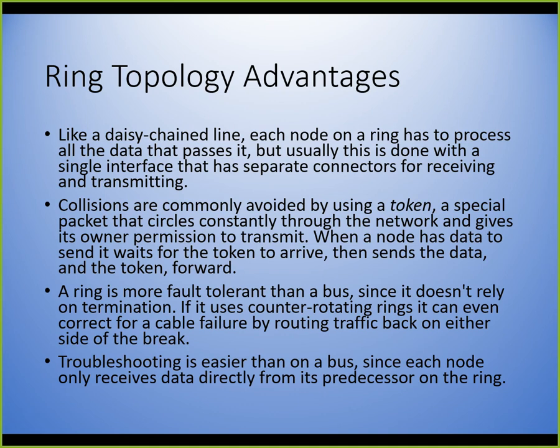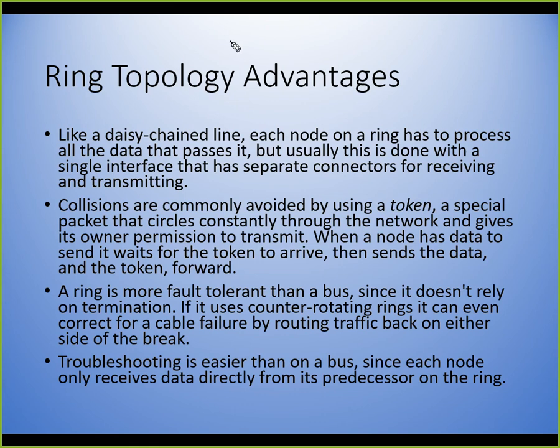One of the things that is an advantage here is each of these points on the network is a repeater. So the signal gets repeated, regenerated, renewed, and so we don't ever get a signal so degraded that we can't use it. Usually it's done with a single interface that has separate connections for receiving and transmitting. We call these ring in and ring out.